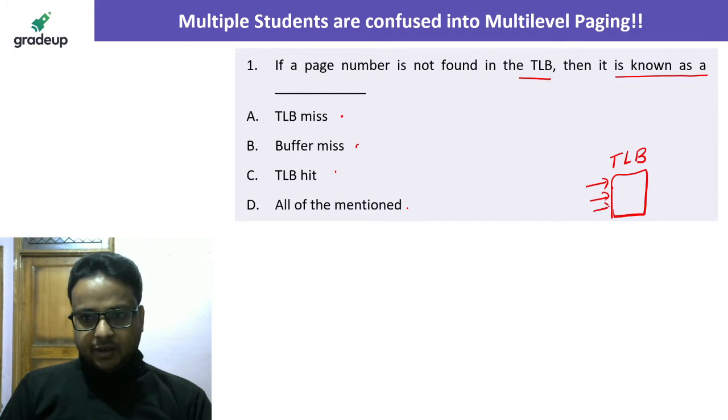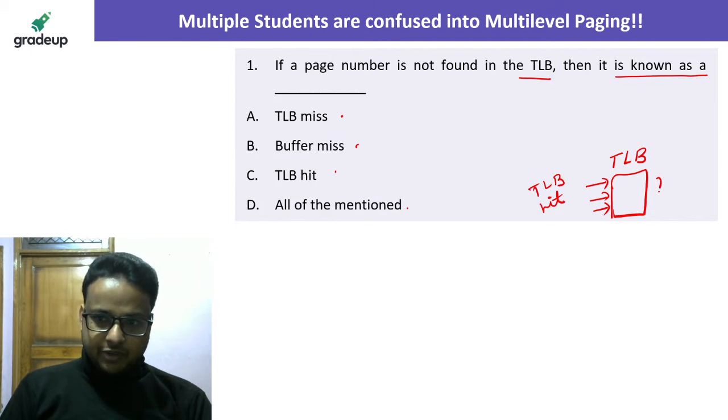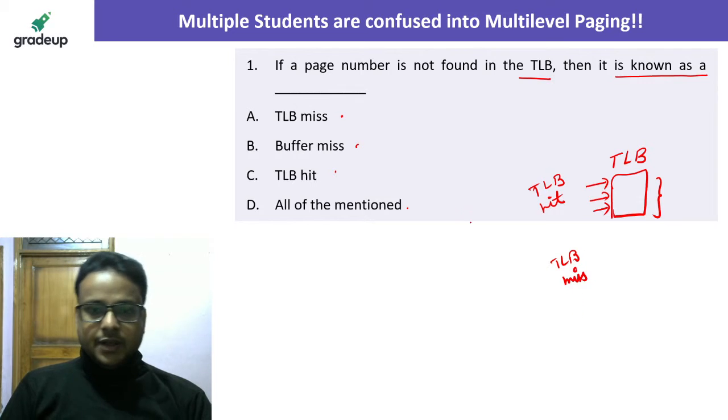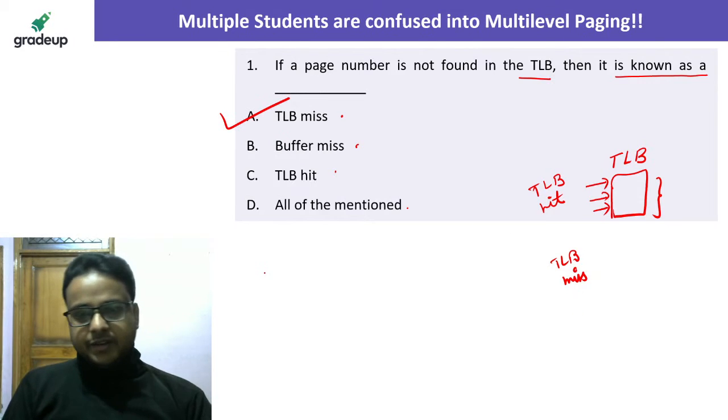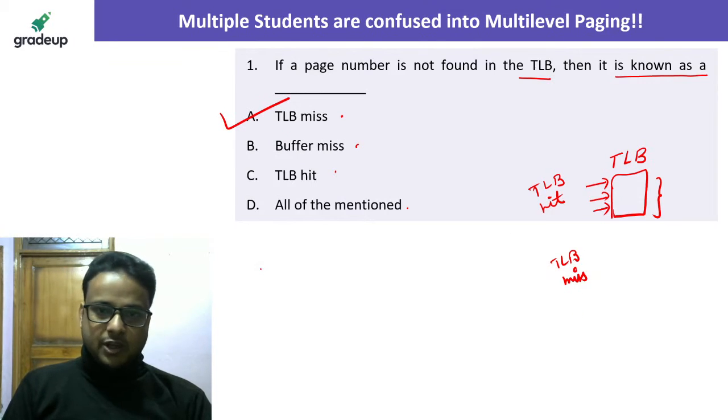If it is in the TLB, then we call it a TLB hit. But if we don't find it in the TLB, then we call it a TLB miss. So the answer of this question will be option A, TLB miss.